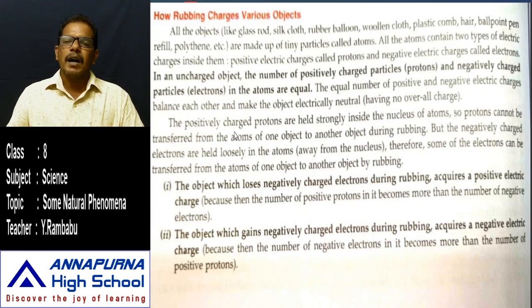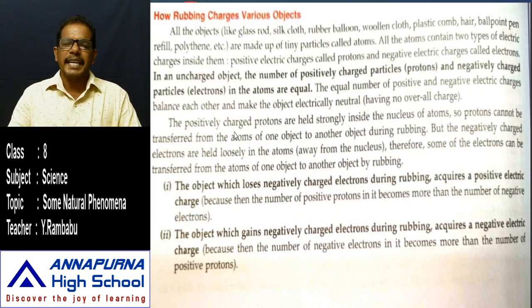That means some particles are still smaller than atoms, called subatomic particles. Atoms contain mainly three types of subatomic particles, that are electrons, protons and neutrons. Electrons are negatively charged particles, protons are positively charged particles.